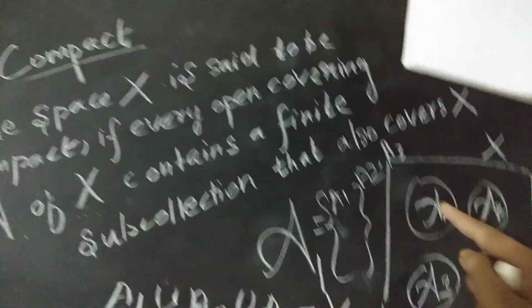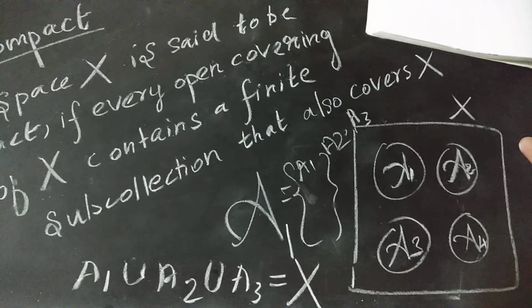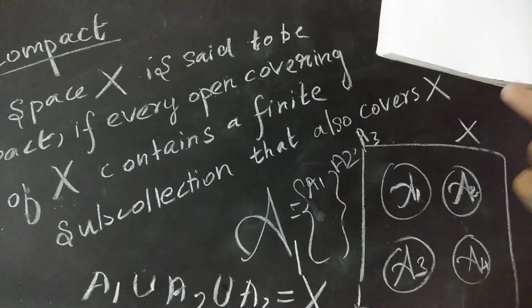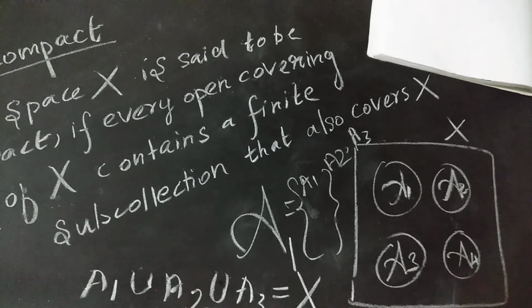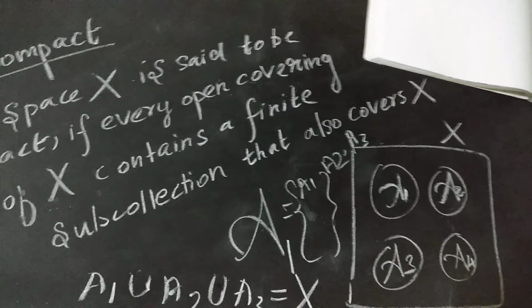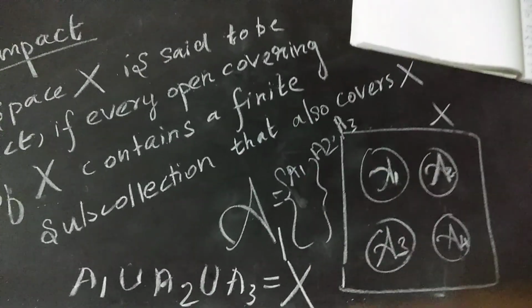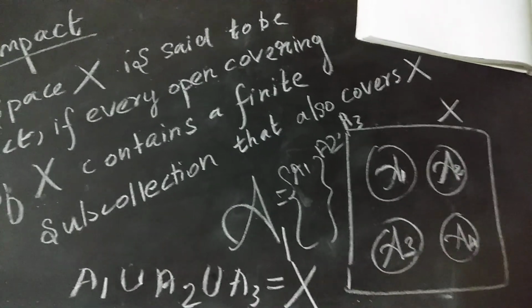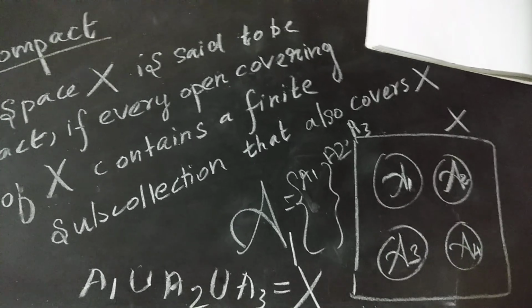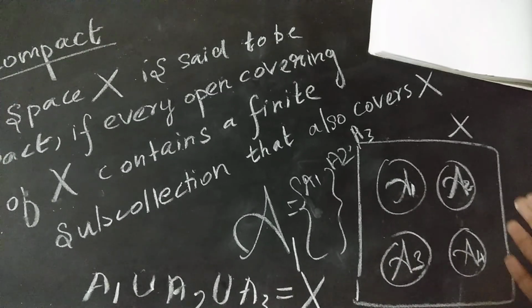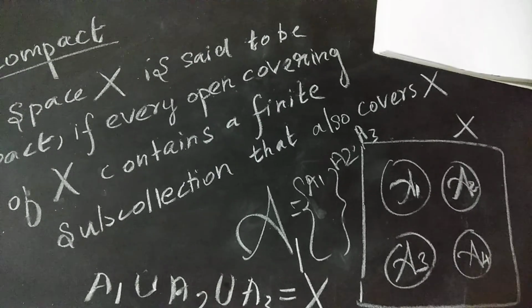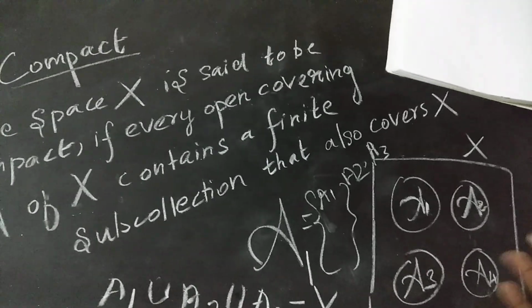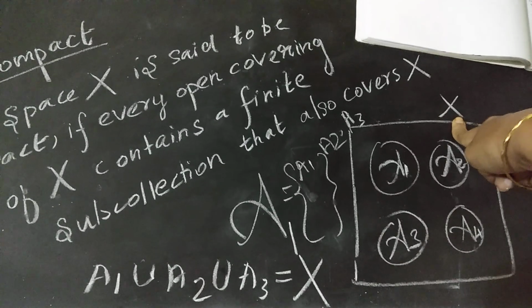Inside every open covering you will have some subsets, and when you find the union of those subsets, you will get the topological space X. Every open covering will satisfy this condition. Then you can say this X is compact. Is that clear?